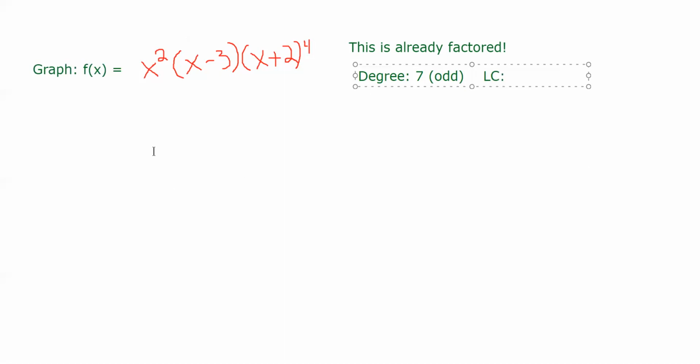The lead coefficient, well, if we were to multiply this all out, there's just an implied 1 up here, and there's 1s in front of everything. The lead coefficient is actually also just going to be 1, which is positive.